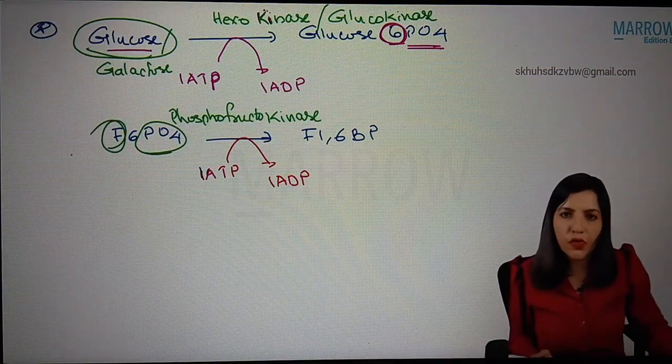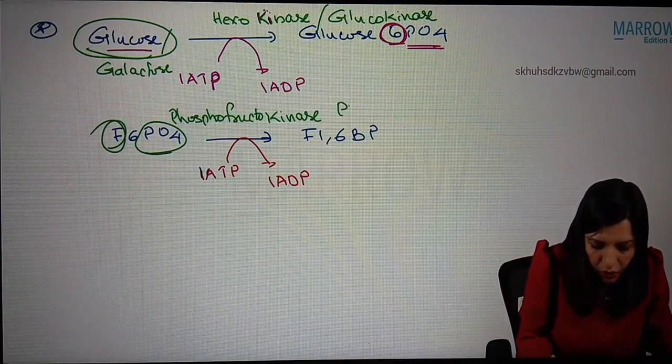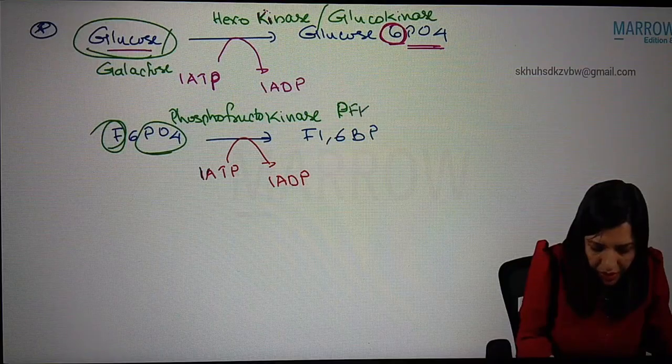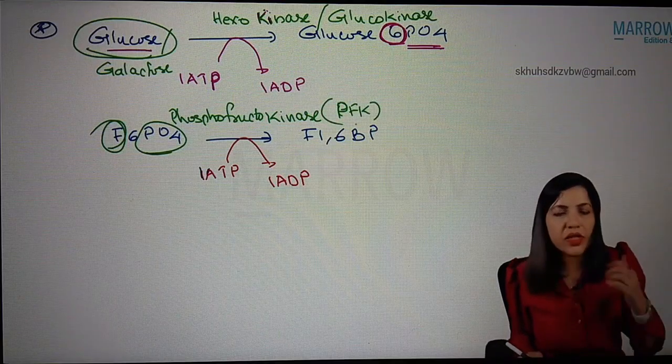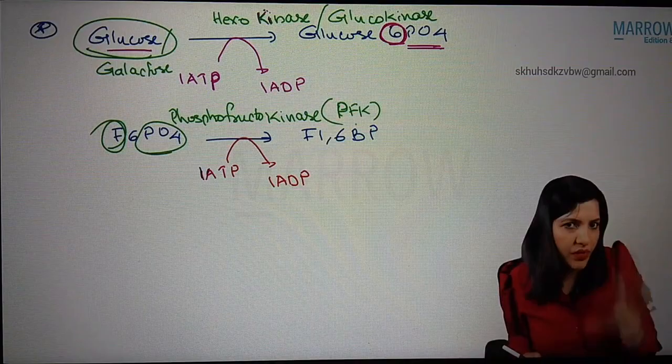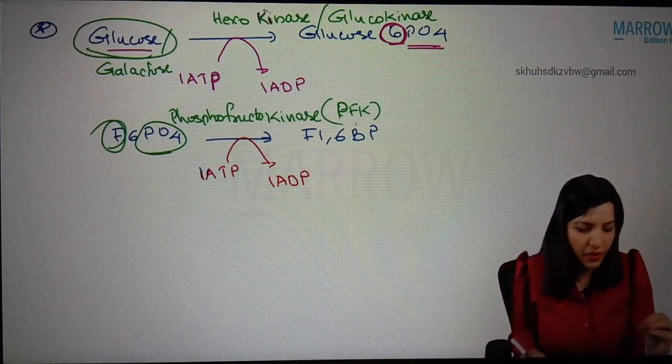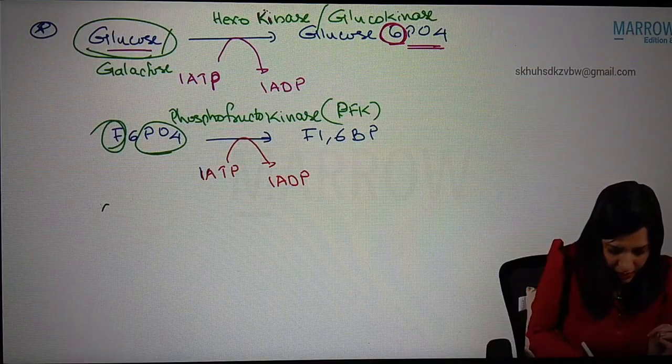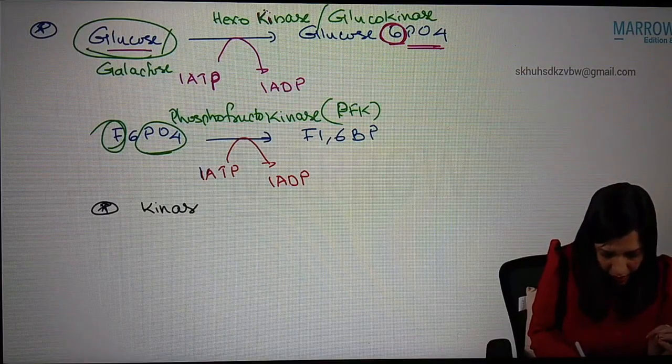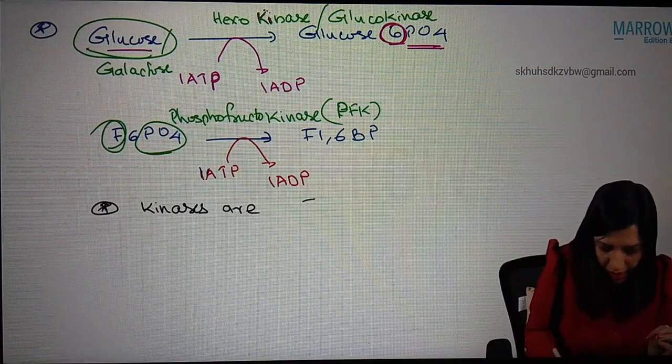So this is called phosphofructokinase. We write the short form PFK. So these are examples of kinase. What we have to learn here is that all kinases belong to the class of transferases.